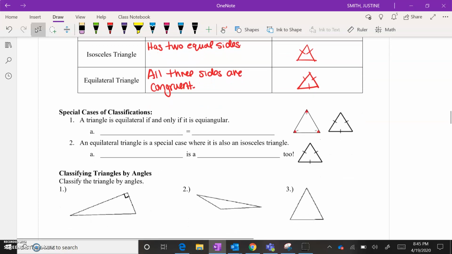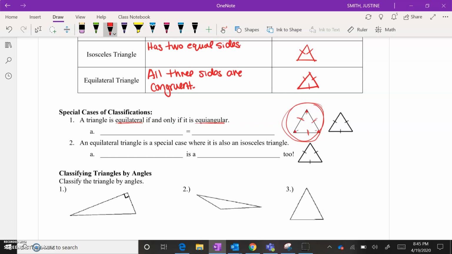All right, so there's also some special cases with the classification. So a triangle is equilateral, so the sides are going to be the same, if and only if it's an equal angular triangle. So that basically means if you have an equal angular triangle, so I know that all these angles are the same, I then know that all the side measures are also the same.